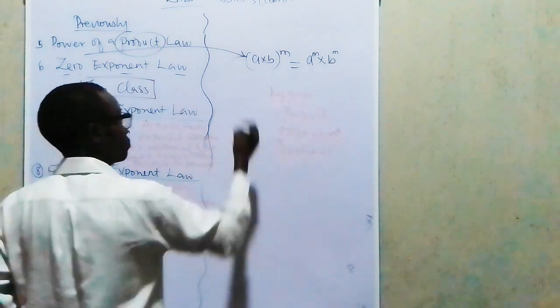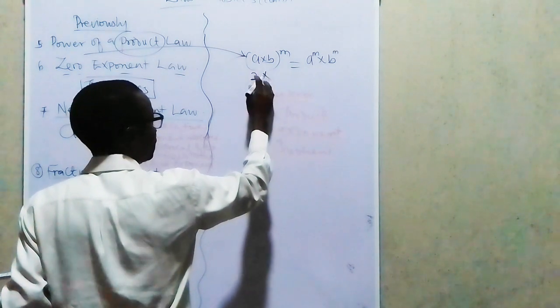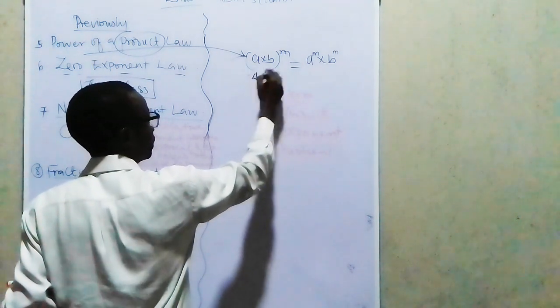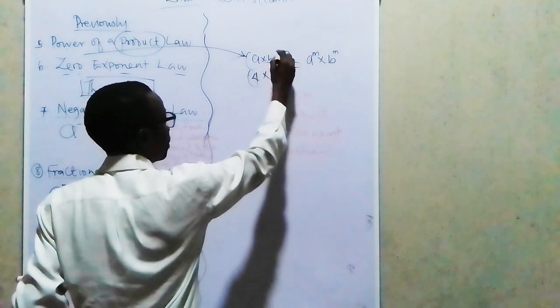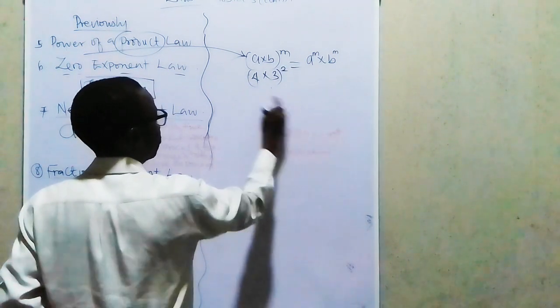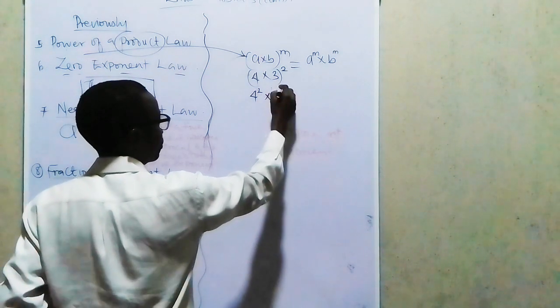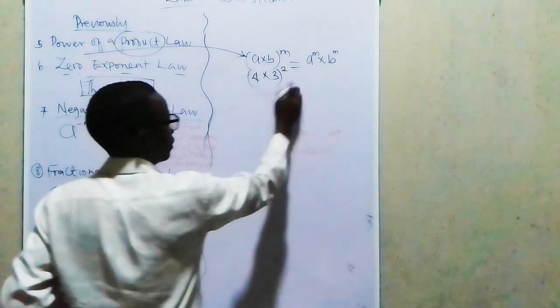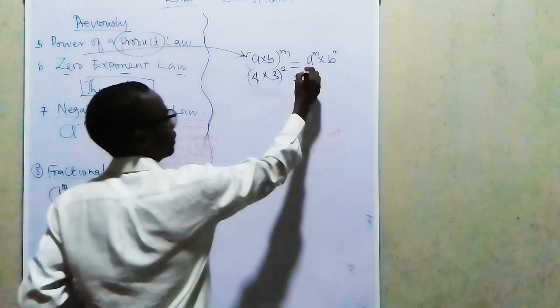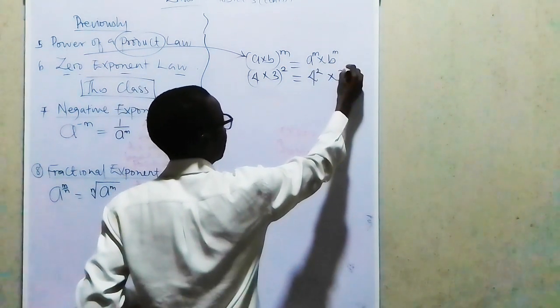Now last week we said if this were to be 4 and this 3, and to the power of 2, what that means is that 4 raised to the power of 2 times 3 raised to the power of 2.